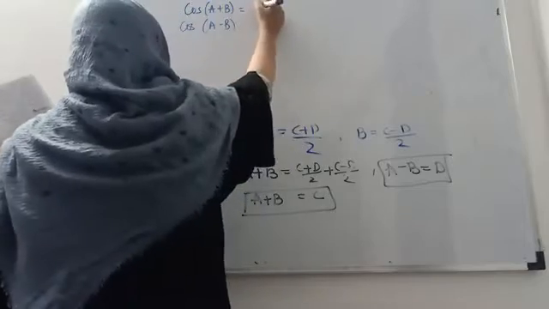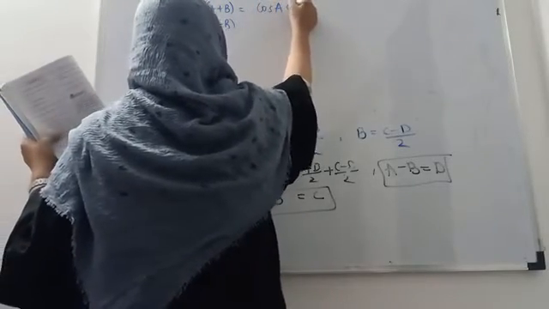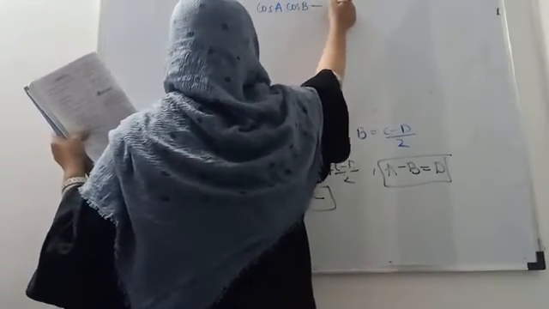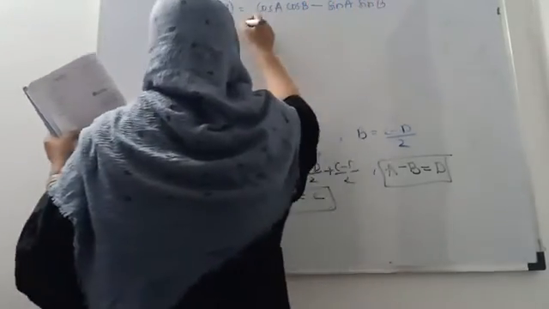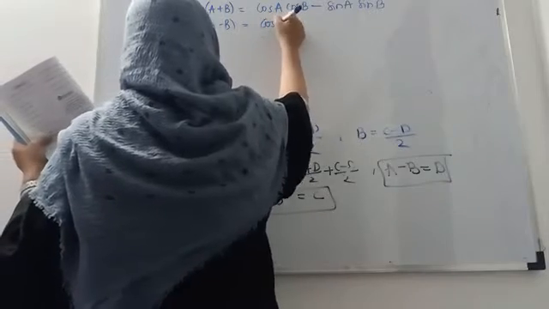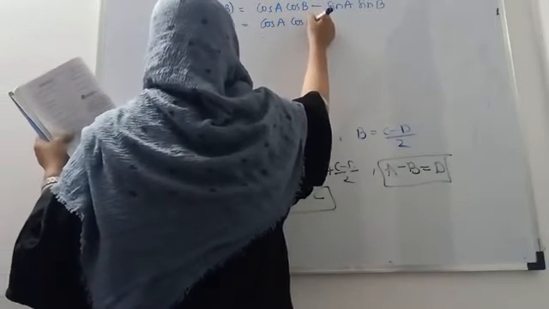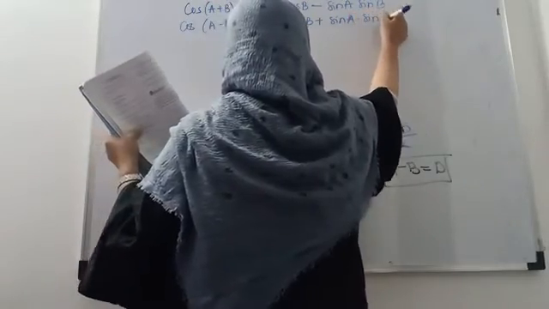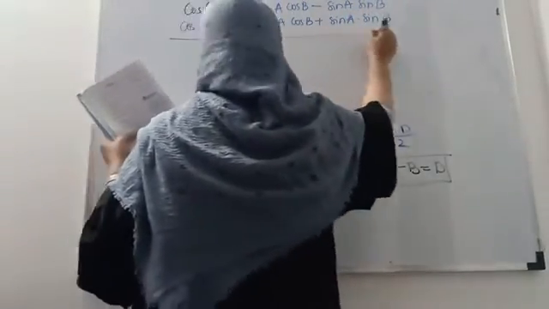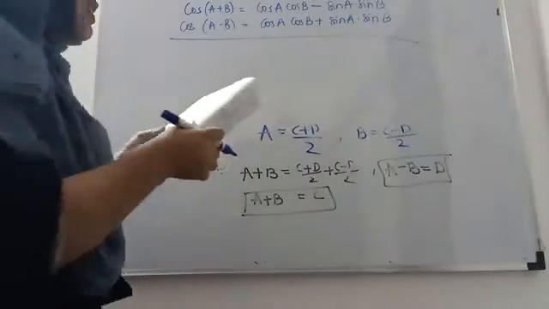So what is cos A plus B? Cos A cos B minus sin A sin B. And what is cos A minus B? Cos A cos B plus sin A into sin B. So we want first plus. Okay, so we will add them.